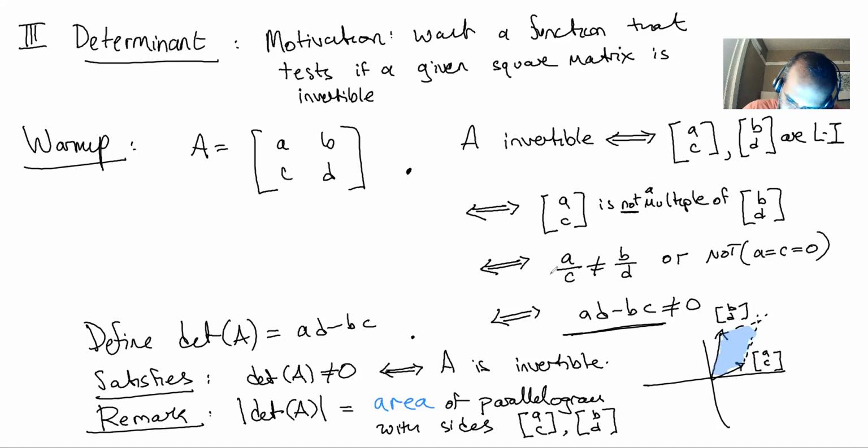Well, remember, this means that they're not parallel, right? If you have 2 vectors in R2, parallel means that the coordinates are proportional. This is only for 2 by 2 matrices. We're going to do higher in a moment. Okay, let's now do n by n matrices.